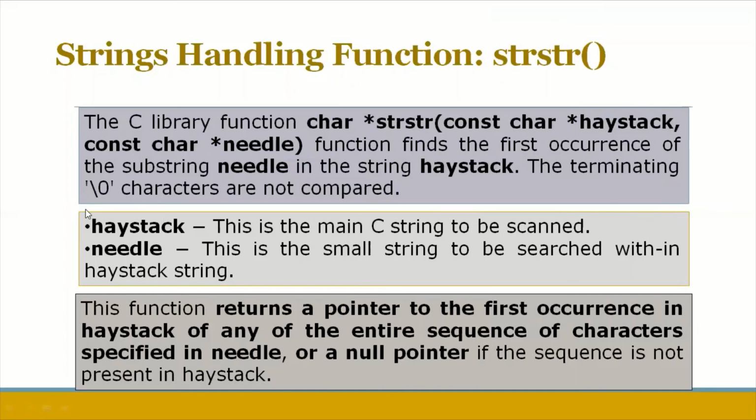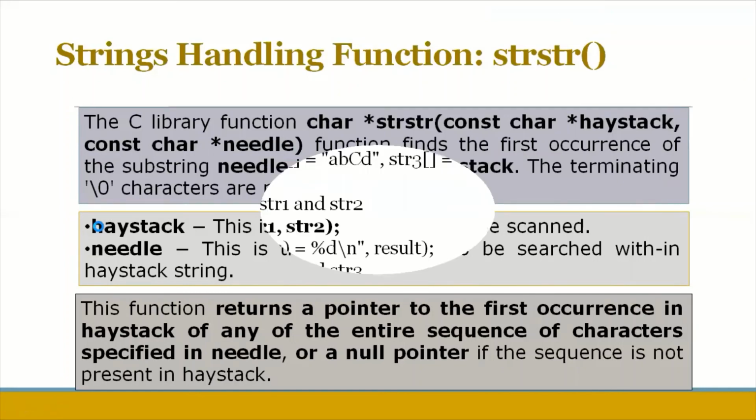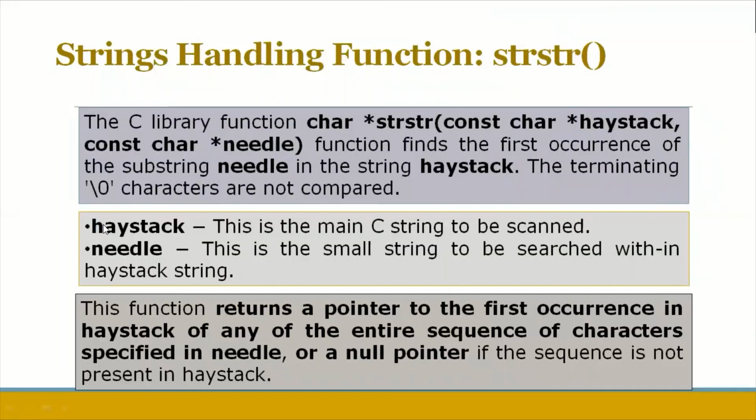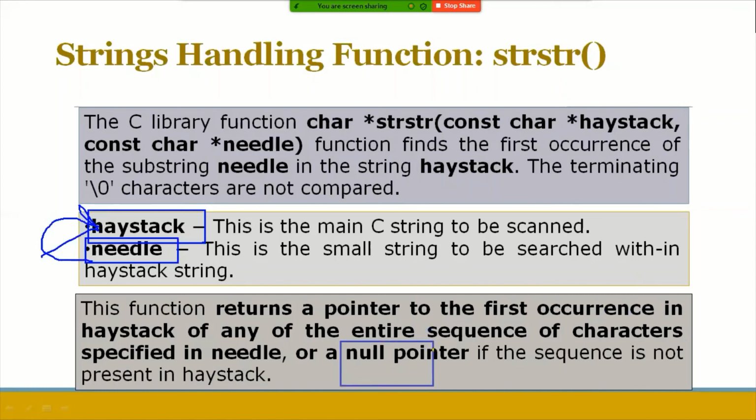So here, haystack is the main string, and needle is the substring. This substring needs to be checked within the main string. It returns a pointer to the first occurrence of that substring. Otherwise, it will return a null pointer. Otherwise, the first occurrence of that particular substring in the main string will be returned.